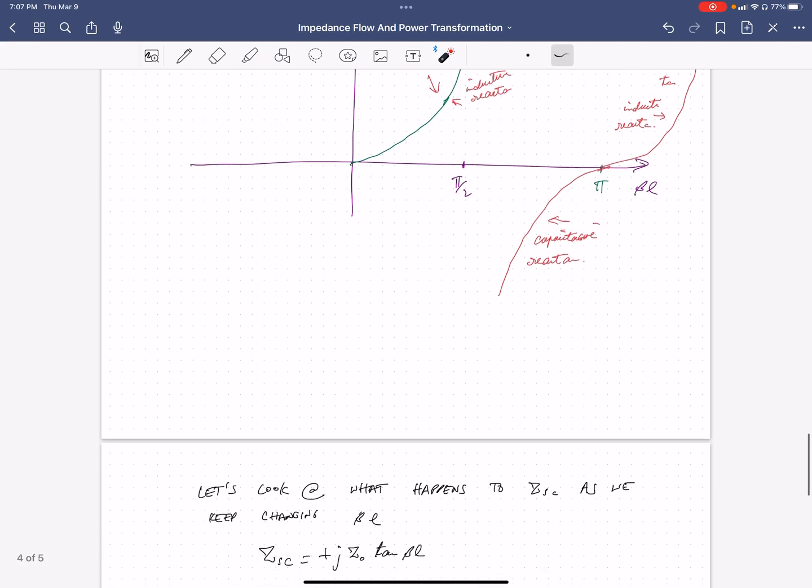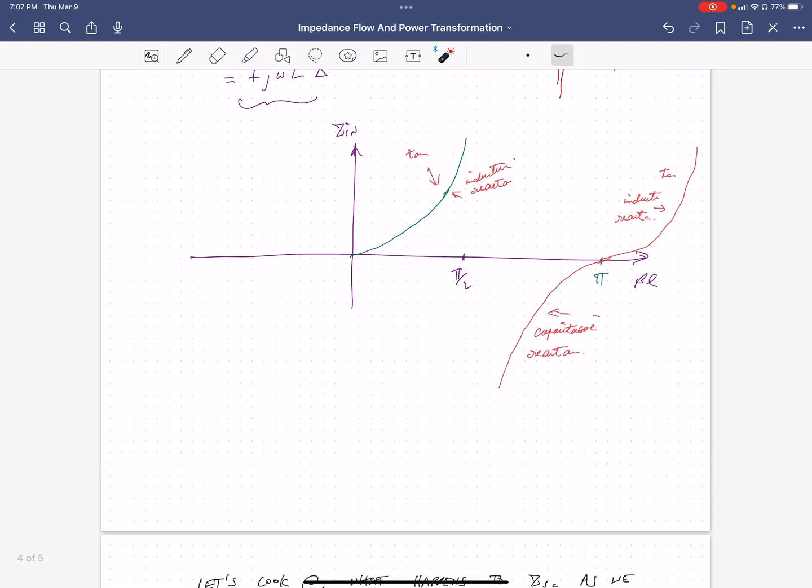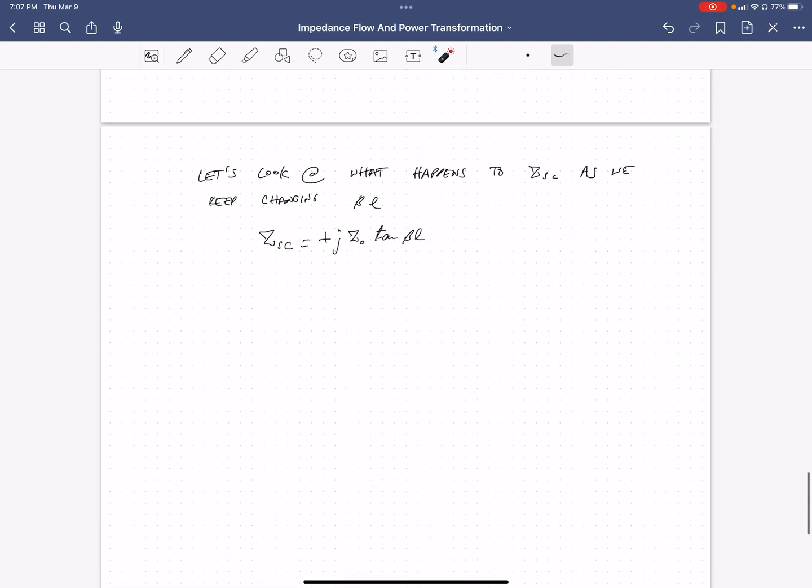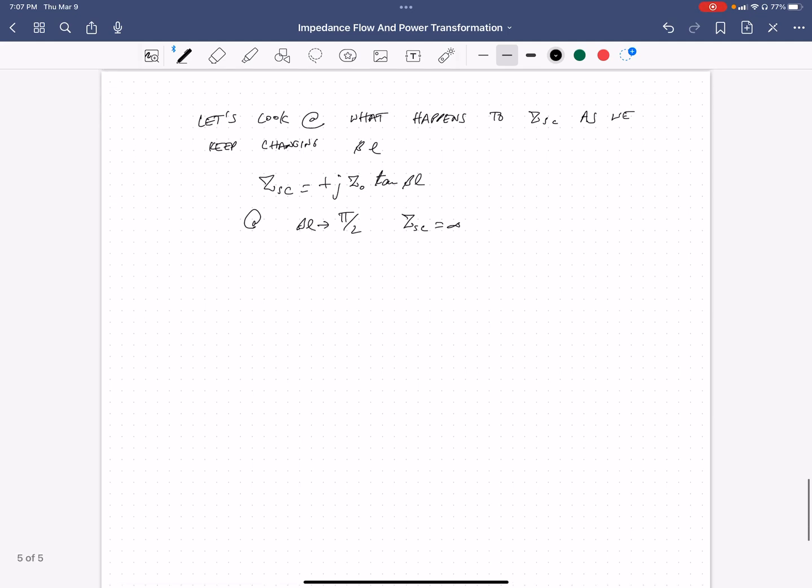Your input impedance of a short circuit transmission line looks like it's going to infinity. So at beta L approaching pi over 2, the input impedance will look like an infinite input impedance.